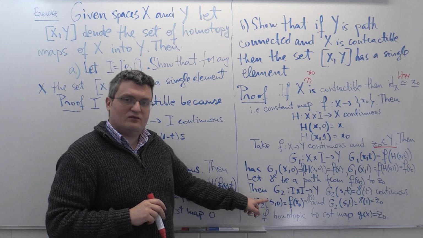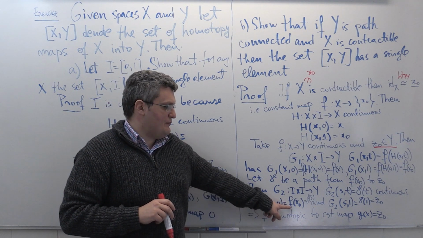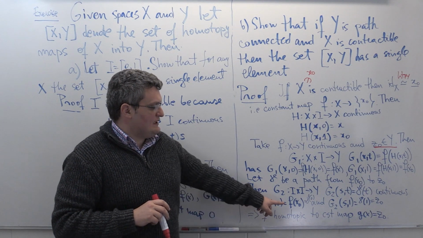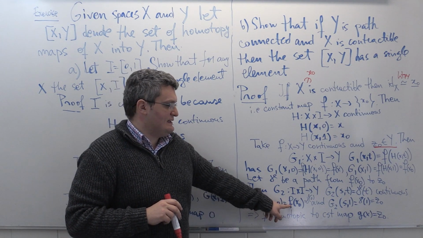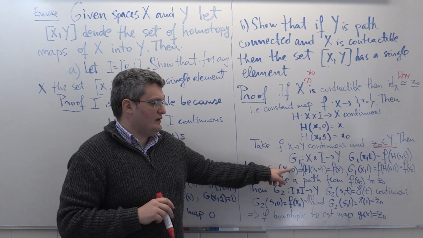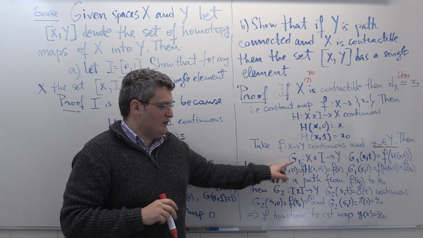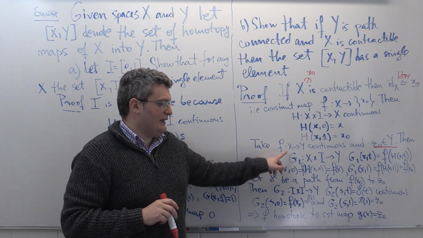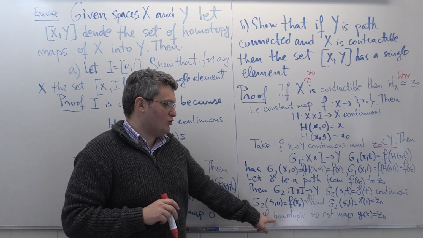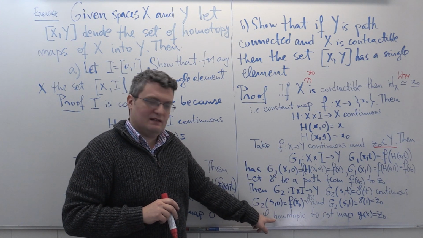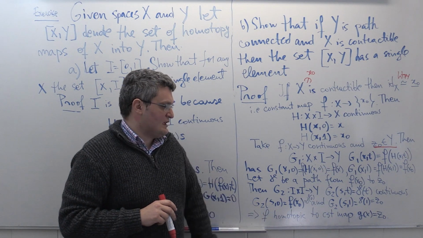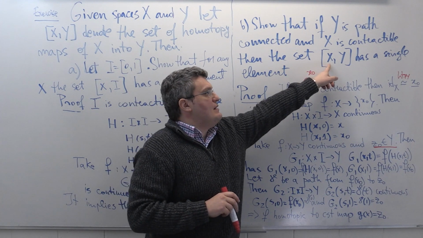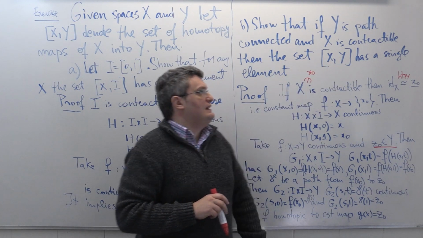So this defines a homotopy between the constant map f of x0 and constant map z0. But the constant map f of x0 was homotopic with our initial map f. So in conclusion, any map f we pick will be homotopic with the constant map z0. And this will give you only one element in the set [X, Y].